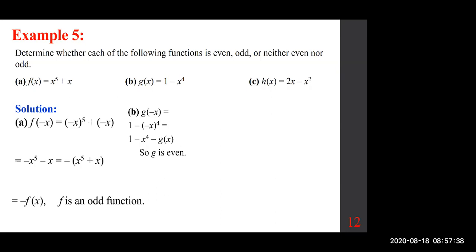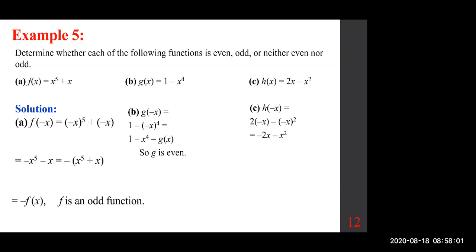We do the same thing for C, h of minus x, and we simplify. We get negative 2x minus x squared. So what's going on? It doesn't look like h of x, so it's not an even function.